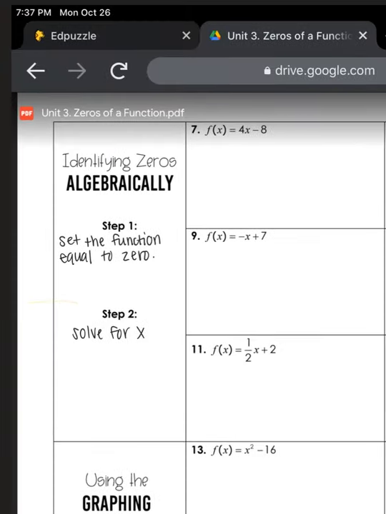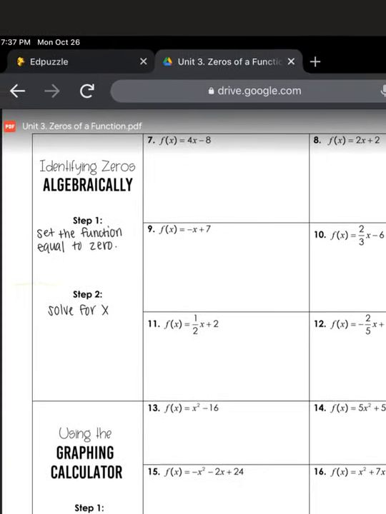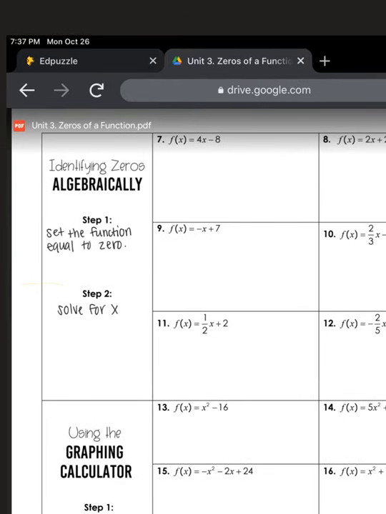So let's look at number 7. When I say set the function equal to 0, we are going to take this f of x here, and we are going to replace it with 0 equals, and then we're just going to bring down everything else. And now, step 2 is to solve.